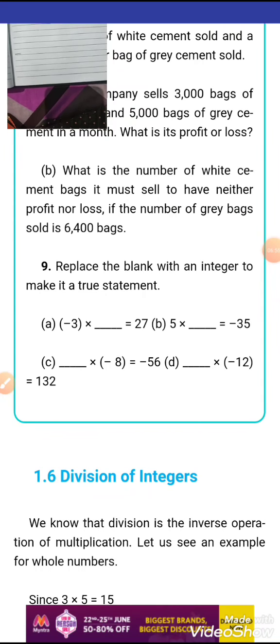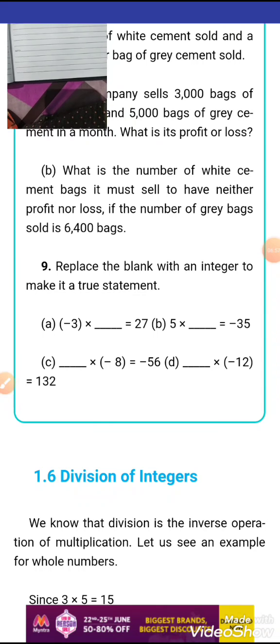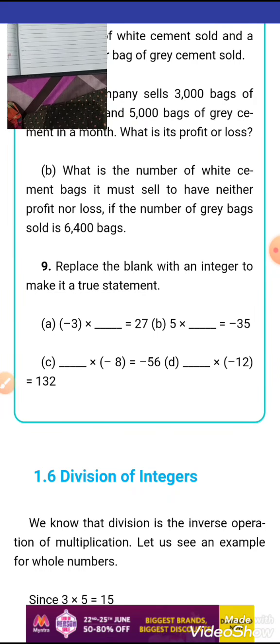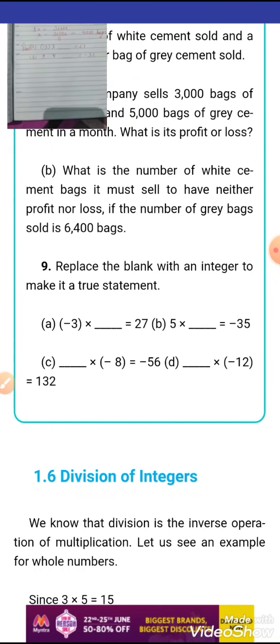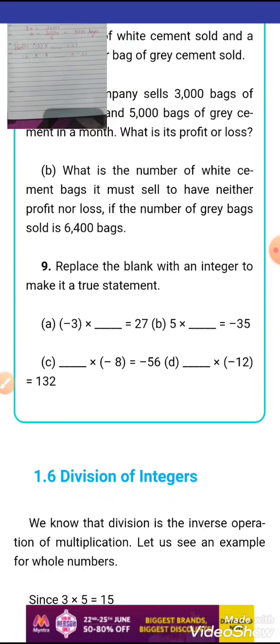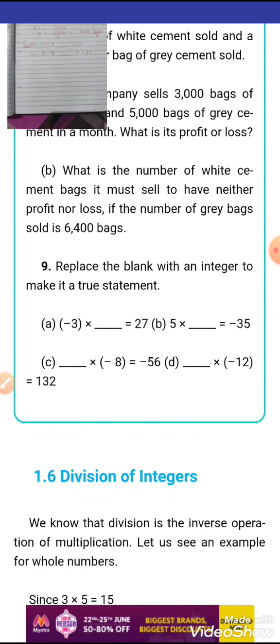Now move to our last question, question number 9. Question number 9 is: replace the blank with an integer to make it a true statement. The first part is minus 3 multiplied by blank is equal to 27. So by which number should we multiply 3 so that it becomes 27?